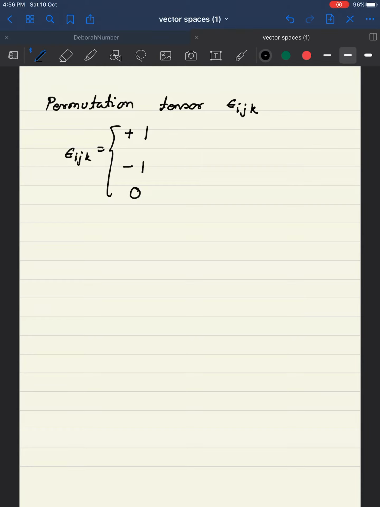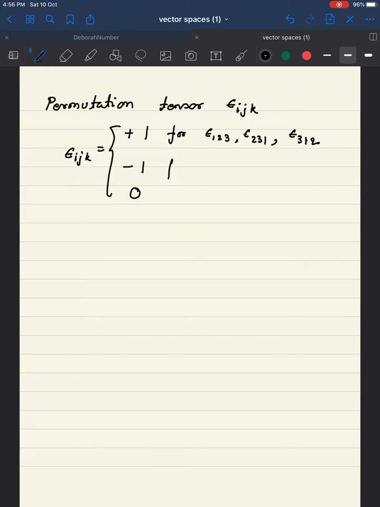It is plus 1 when these numbers are in order. So epsilon_123 or epsilon_231, or epsilon_312, I am sorry, I made a mistake.